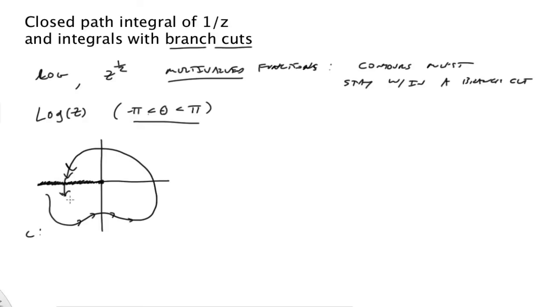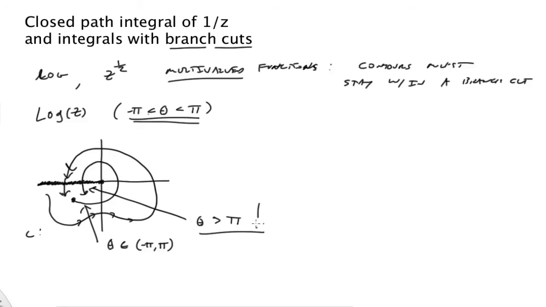If I start on this side of the line, within this range, and then I move all the way around and cross over, theta is going to be greater than pi.